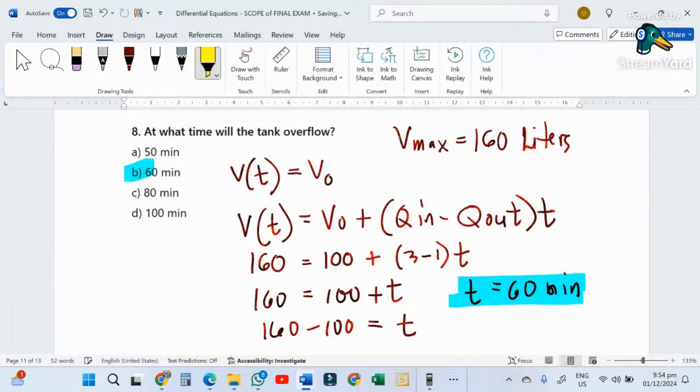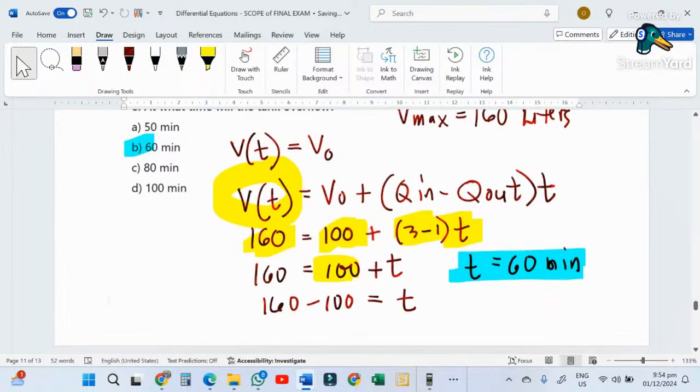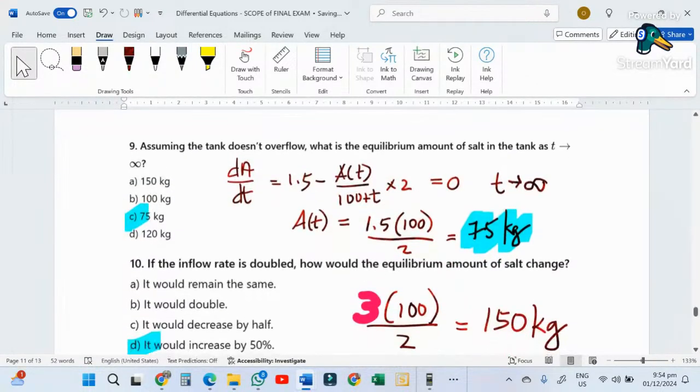We know this very well, we have used it many times. So 3 minus 1 times t. The initial volume is 100 liters, and V of t we can use as 160 here. So 160, transpose the 100 to the other side, 160 minus 100 is equal to t. And it gives us 60 minutes. So 60 minutes is the time for the tank to overflow, or 1 hour.